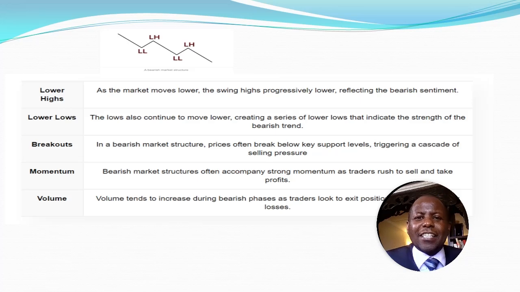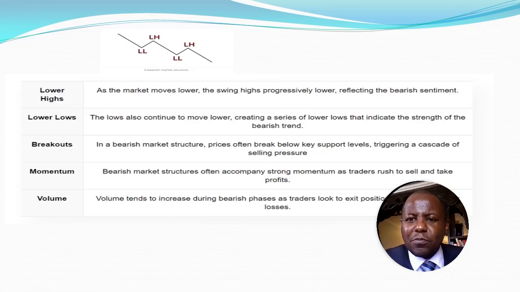Nobody wants to hold that stock or that currency or that commodity, because it's losing value. So it's a sell. Okay, momentum. Bearish market structure often accompanies strong momentum as traders rush to sell and take profits. If you don't take profits today, if it's falling, tomorrow you're going to incur losses if you don't sell today. So there's that rush, that momentum increases.